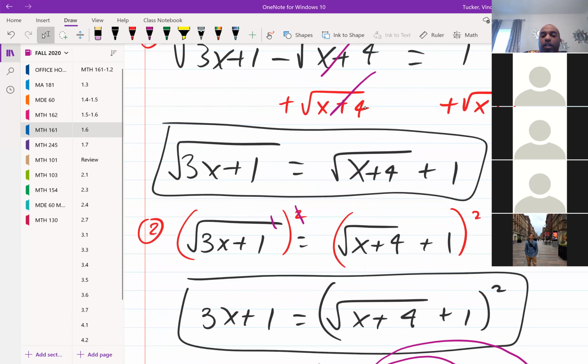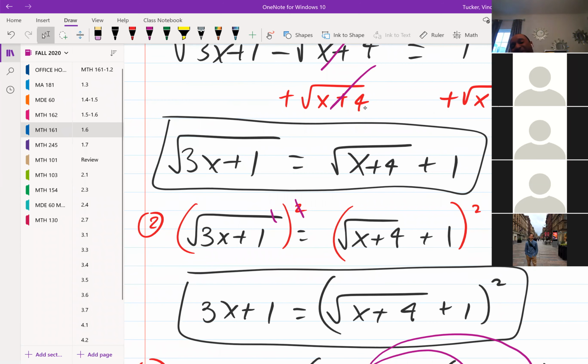All right, so the next step is to square both sides. So if we square on the left, that will eliminate the radical. So squaring both sides will eliminate the radical on the left.